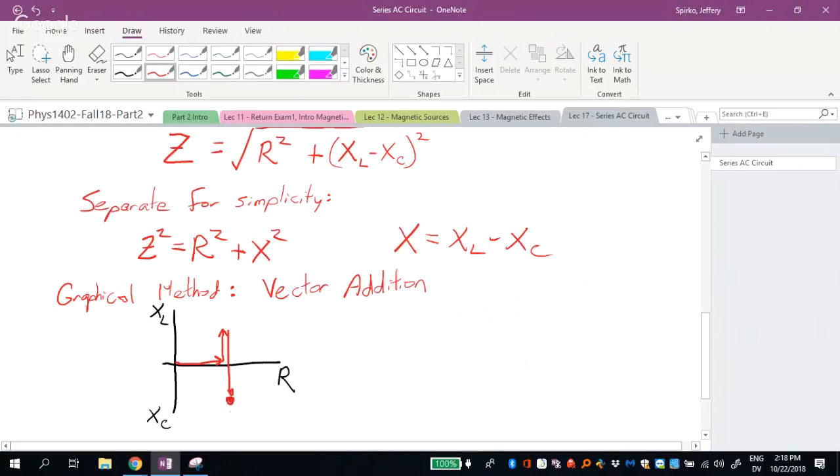And this point here is Z total. The length of this dashed line is the actual impedance that we're looking for, that we can either measure because we can measure current and voltage in a circuit, or that we're trying to calculate because we know what inductor, capacitor, and resistor went into the circuit.